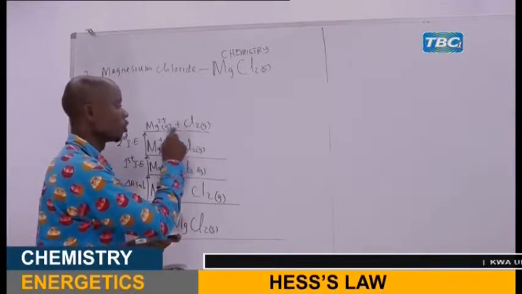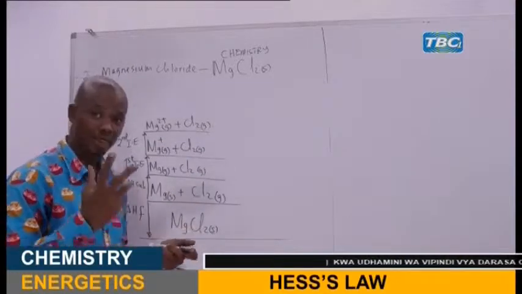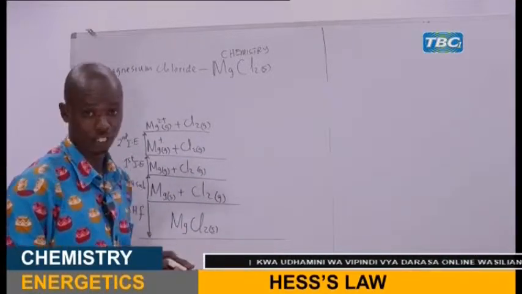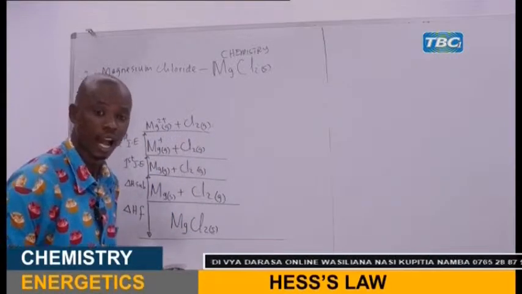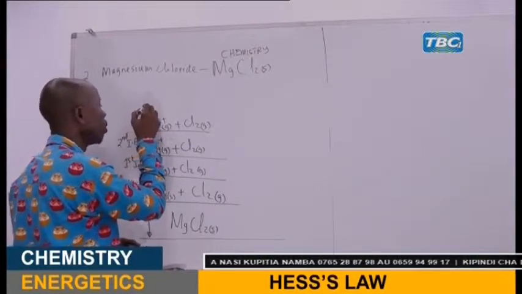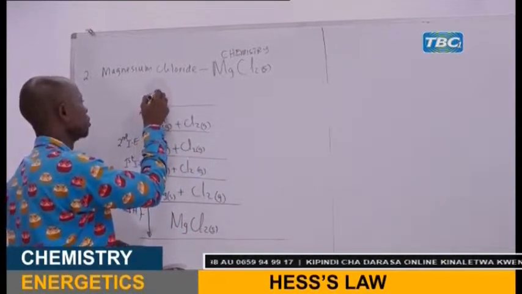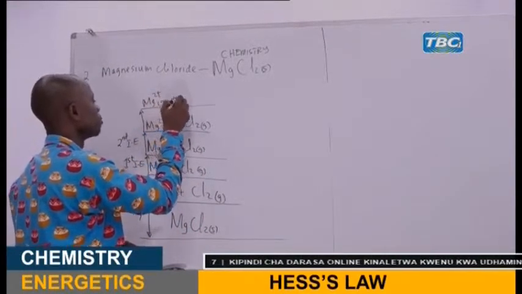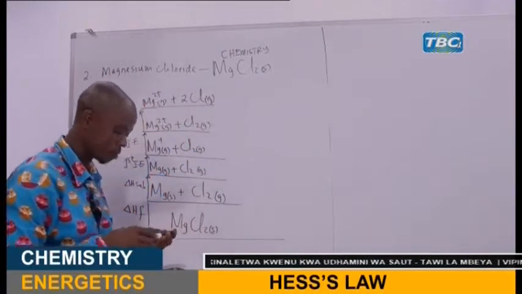The conversion of chlorine molecule into gaseous atoms is atomization. But because there are two chlorine atoms, here we are going to get 2 moles of gaseous chlorine atoms. So here we are going to have Mg2+ plus 2 gaseous chlorine atoms.